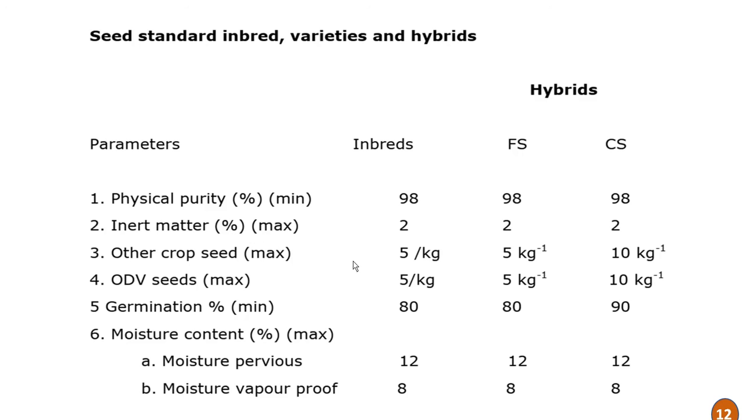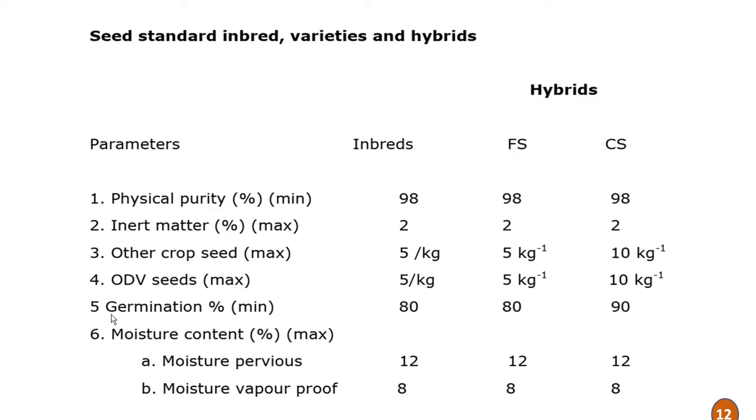Then other crop seed maximum 5 per kg in inbred and foundation seed, while 10 per kg in certified seed. Then ODV seeds, ODV meaning other distinguishable varieties seeds, maximum 5 seeds per kg in inbred and foundation seed, while 10 per kg in the case of certified seed.